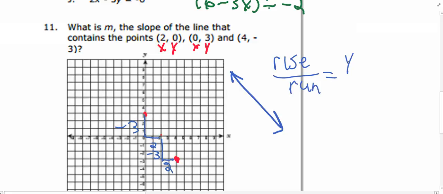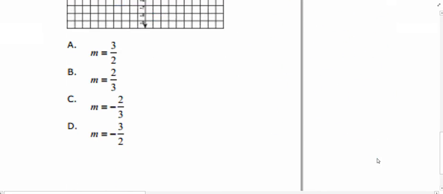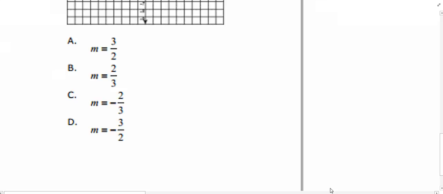Mathematically, it's the y2 minus y1 divided by x2 minus x1. So whenever I counted and I went down, that's y2 minus y1. So our slope is equal to, and it's the same rate every time, -3 over 2. Okay, so let's go match the answer choices, and it looks like it's D.